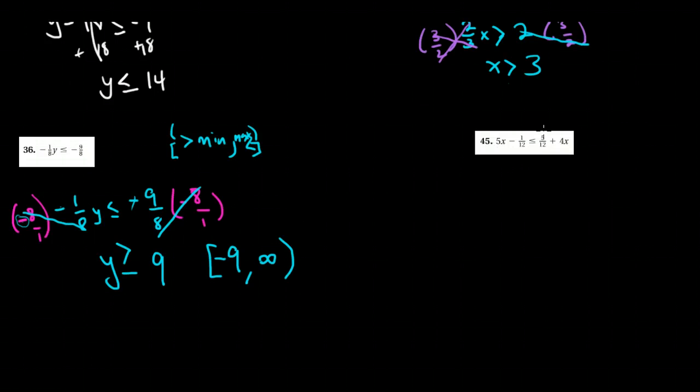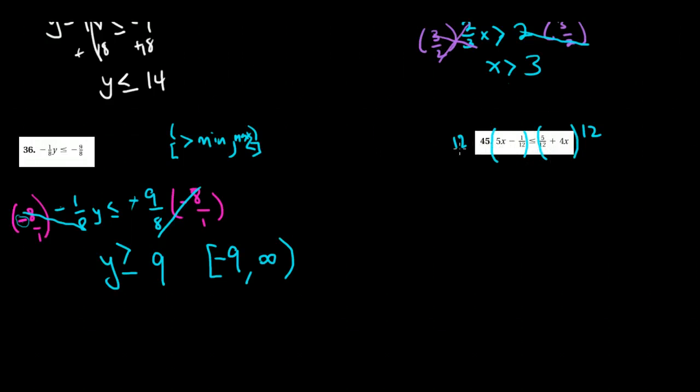Let's take a look at one more example. This one has a few more steps, so let's just do it right where it is. This one has fractions in it, and we don't really like fractions all that much, but we can deal with them since the fractions already have the same denominator. Let's take the whole thing and multiply it by that denominator. And it's positive, so we don't have to worry about flipping our inequality.